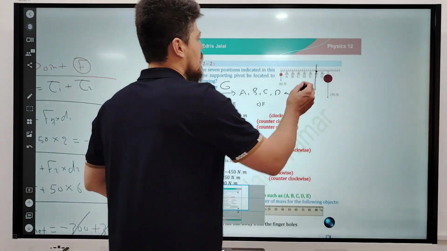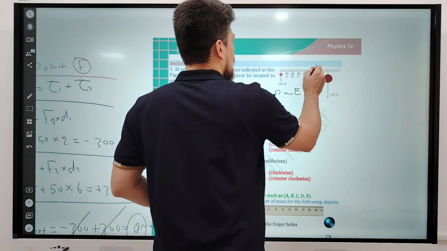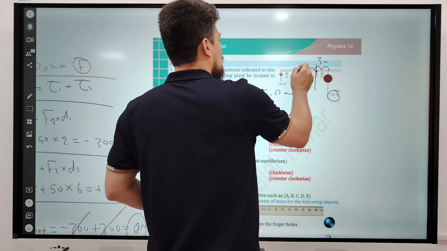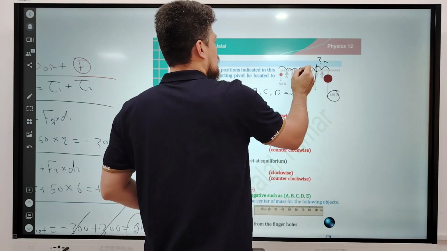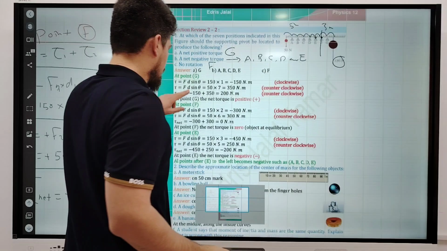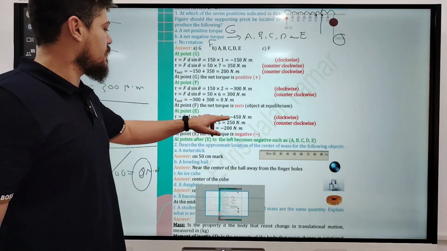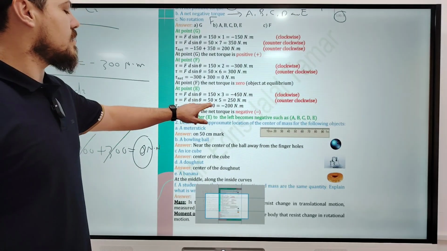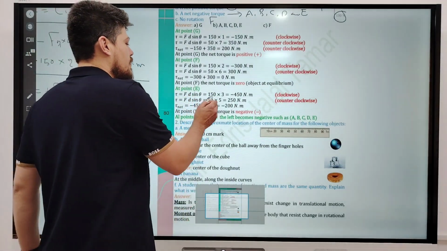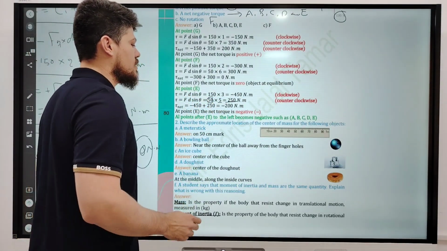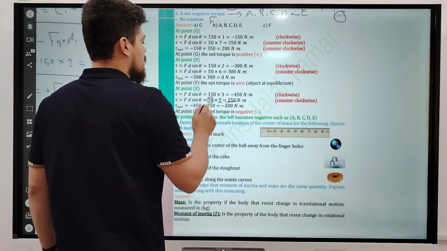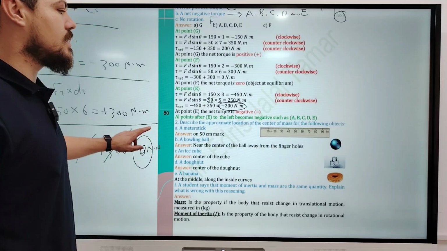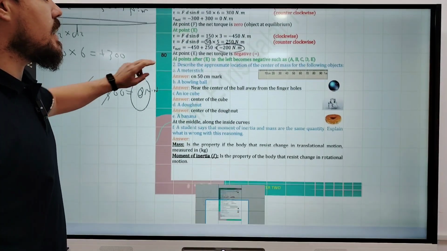For point E, how many meters away from the 150? 3 meters. How many meters from 50? 1, 2, 3, 4, 5 meters. 3 times 150 is equal to negative 450 Newton meter. For the second force, 50 times 5 meters is equal to 250. Negative 450 plus 250 is equal to negative 200 Newton meter. The other points, all of them become negative.